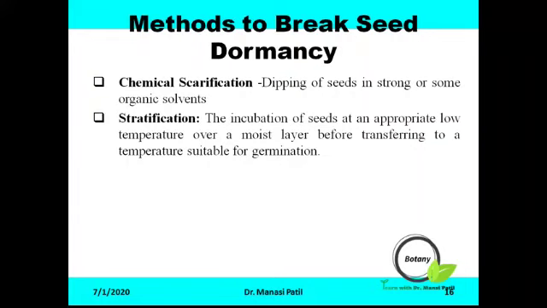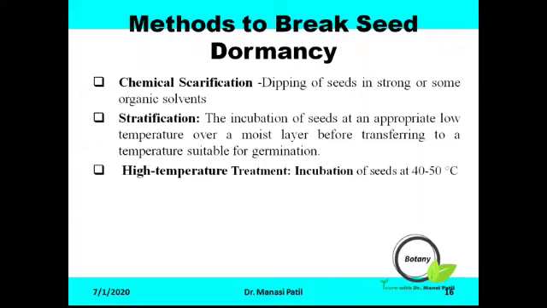In nature, it is achieved by low winter temperature. The next method is high temperature treatment. In this, the seeds are incubated at 40 to 50 degrees centigrade for a few hours to a few days. This may have an effect in overcoming dormancy in some species.